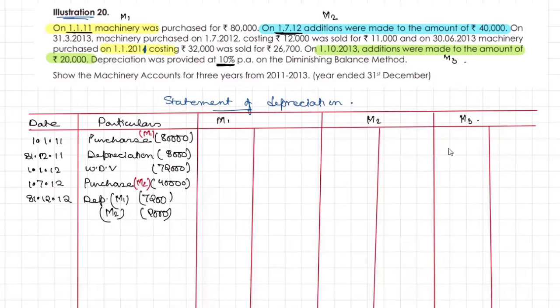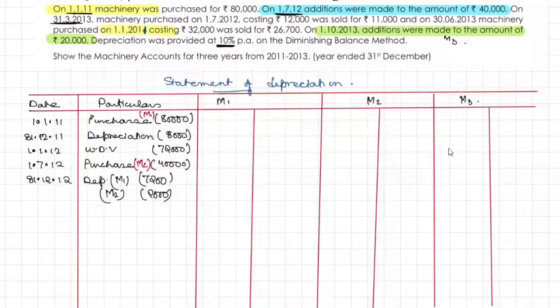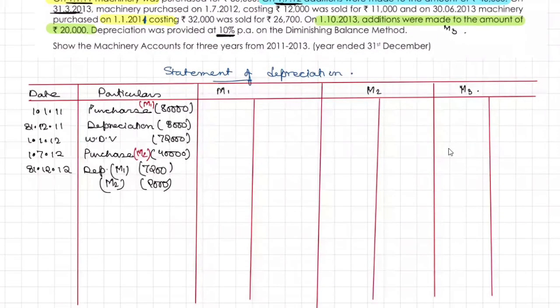Now see, again, nothing has been done in the year. Again, on 31st March 2013, machinery purchased on 1/7/2012, costing 12,000, was sold for 11,000. So on 1st of Jan 2013, what is the WDV?